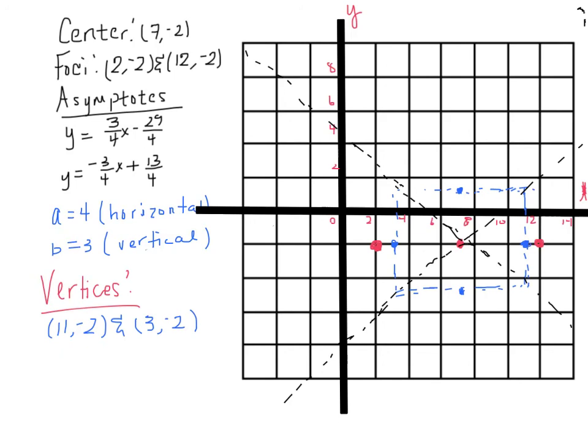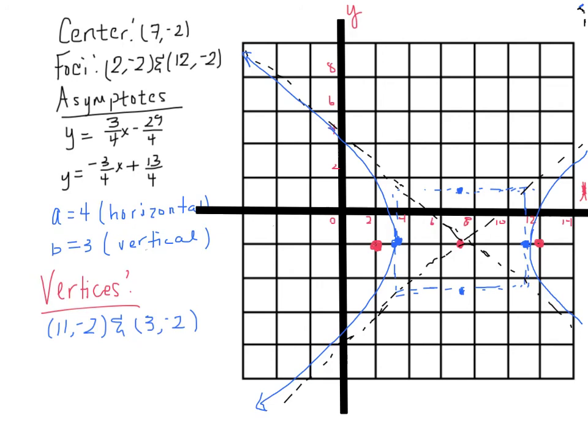The hyperbola will not come inside this box, but it is going to kind of curve out like this, following those asymptotes. On the left side, you start at the vertex, don't go inside the box, but follow the curve of the asymptotes. Get closer and closer, but never actually cross the asymptotes. And that's the graph of your hyperbola.